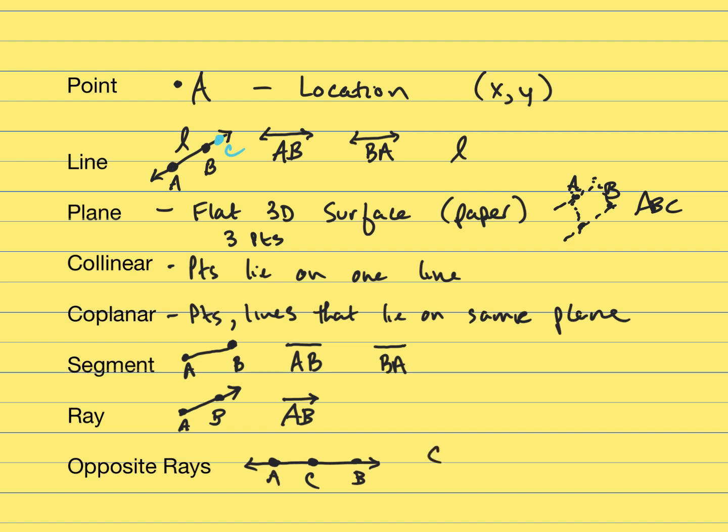The ray that goes from C to A, I'm going to put the arrow like this because A is going off towards infinity, and the ray that goes from C to B, I'm going to put the arrow like this, going off to infinity on B. Those are considered opposite rays. The reason is they have the same starting point, the endpoint, and then they go off in another direction. They have a shared endpoint, and then they go off in opposite directions.